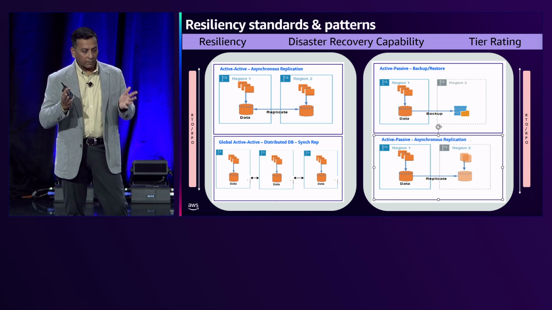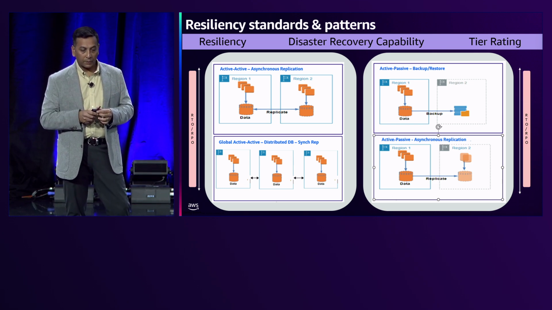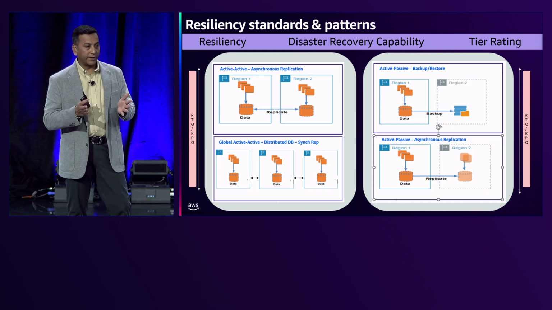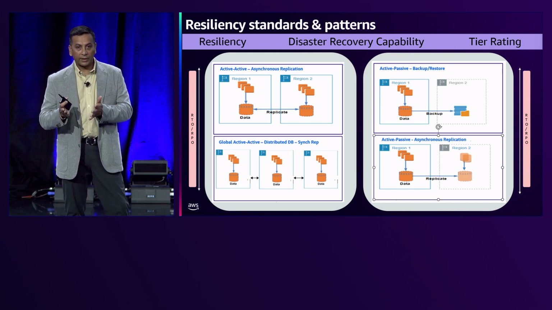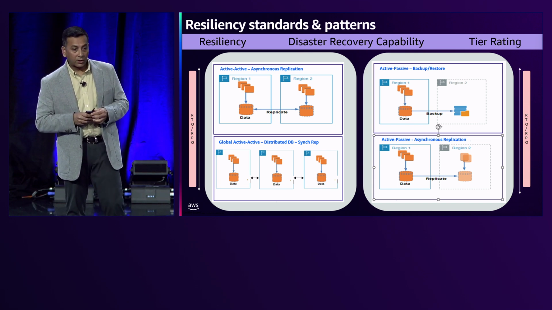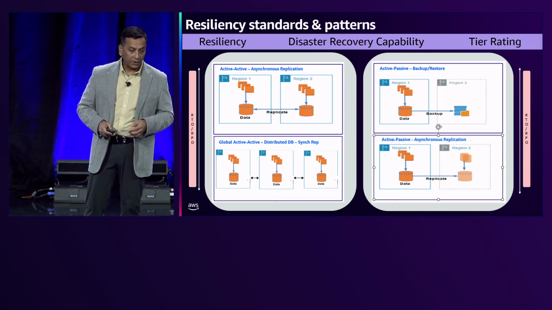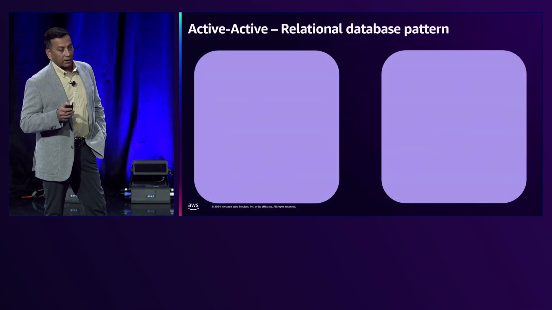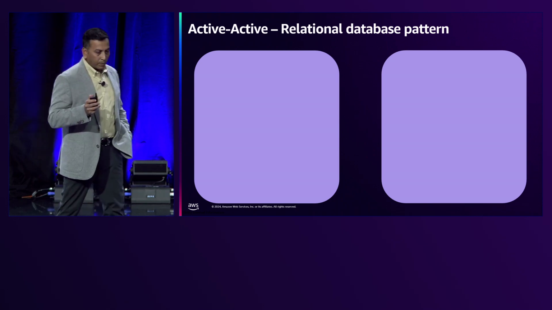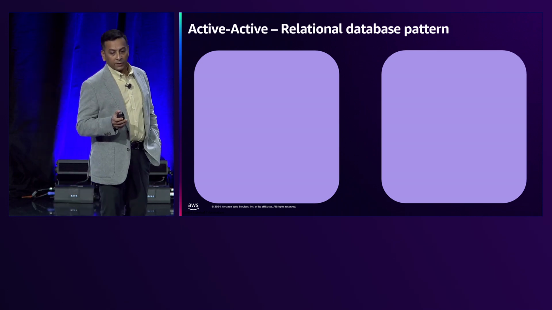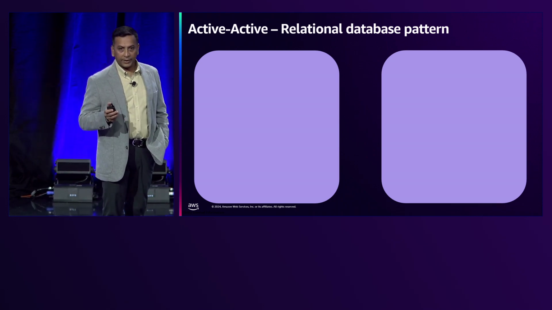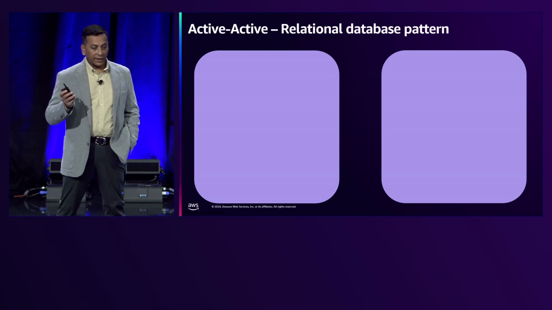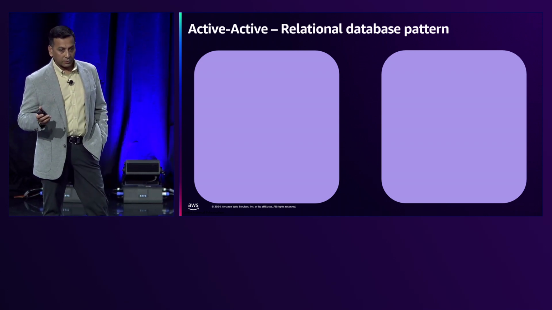Each of you may have used one of those for sure, depending on your tier rating, because the choice depends on your tier rating and the level of tolerance you have for RTO and RPO. So next slide, we'll dive deeper into our active-active pattern. This is based off a relational database running on AWS EC2.